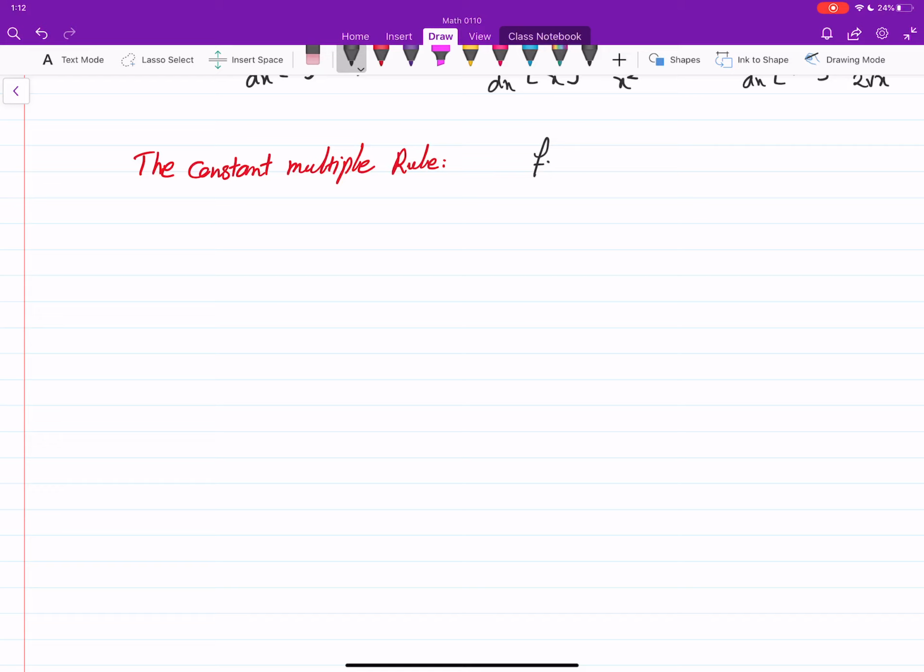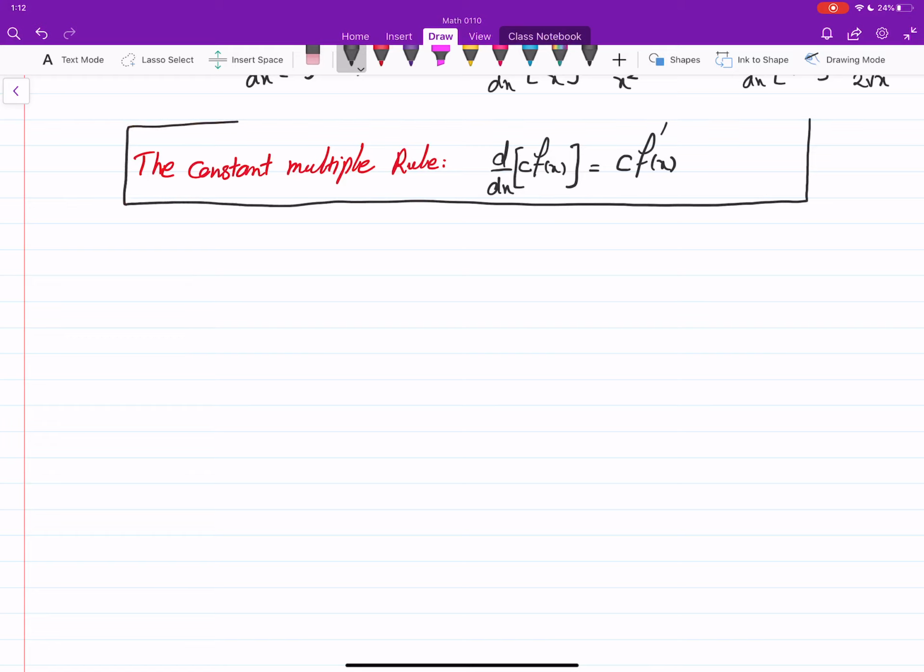If you have a function and you multiply it by a constant c, and find the derivative of that c times f of x, this derivative is equal to c times f prime of x. So the constant multiple doesn't change the derivative in a strange way. It just comes out. That's it.